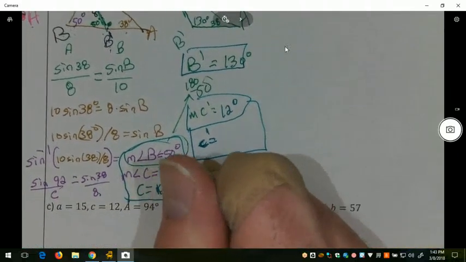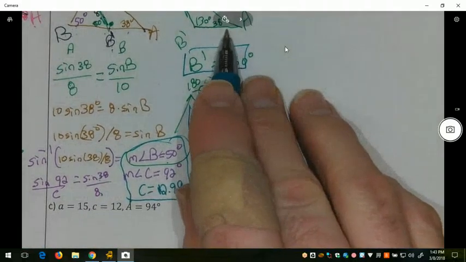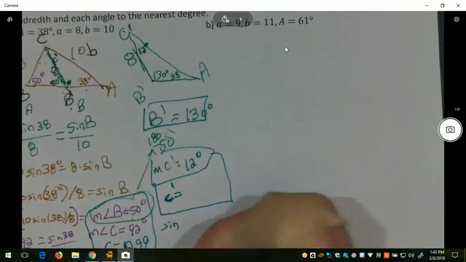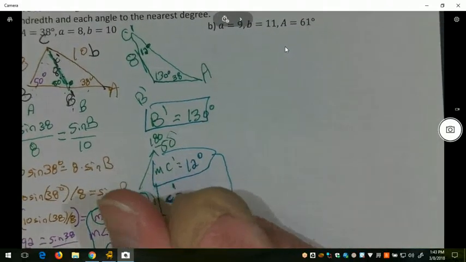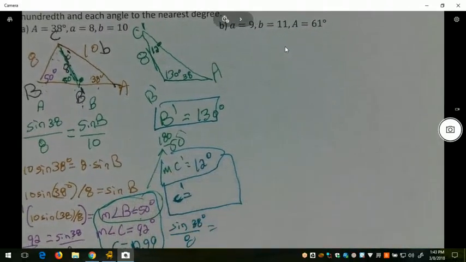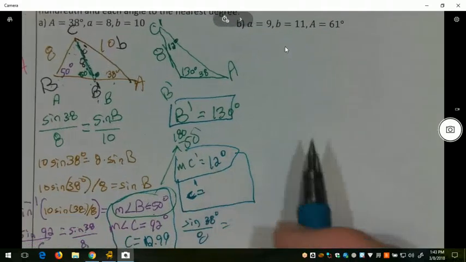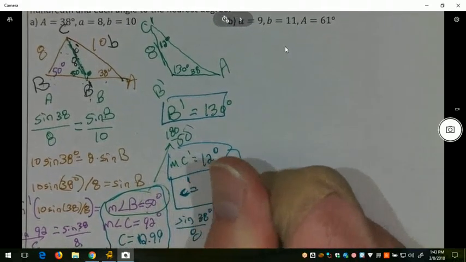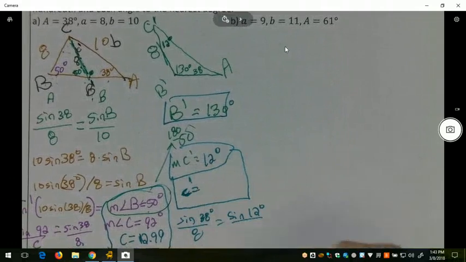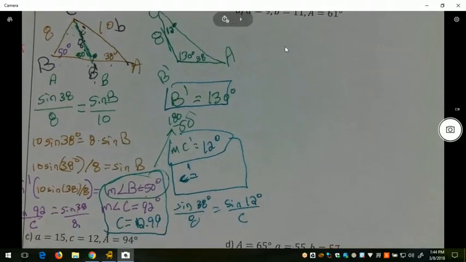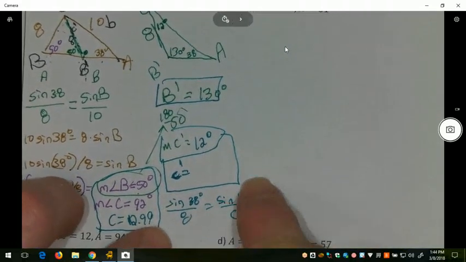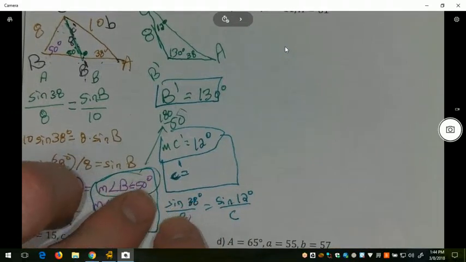We need to know what side length would go with the 12-degree angle. So we're going to do sine of, again, A is the first one, the one that was given, the one we always try to go back to, 38 degrees over 8, equals sine of c prime, which in this case is 12 degrees, over c. And we're going to cross multiply, so we're basically going to multiply these two to get it by itself.